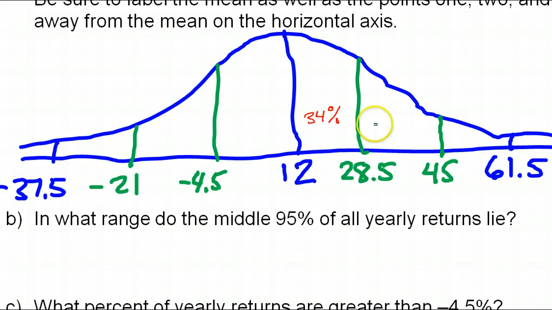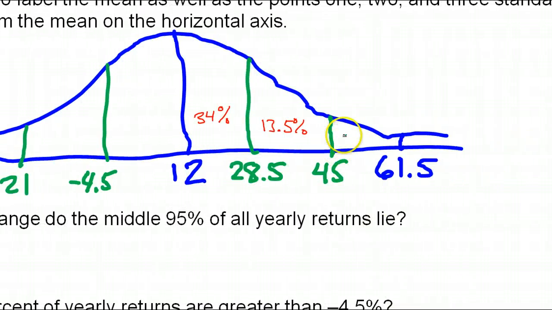And I know that the next portion is 13.5% of the data. Okay, the next portion I know is 2.35% of the data. And the last portion is 0.15% of the data.